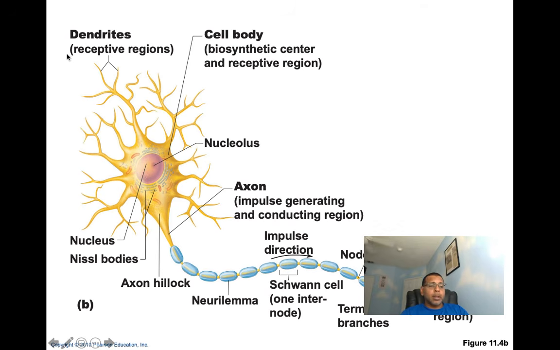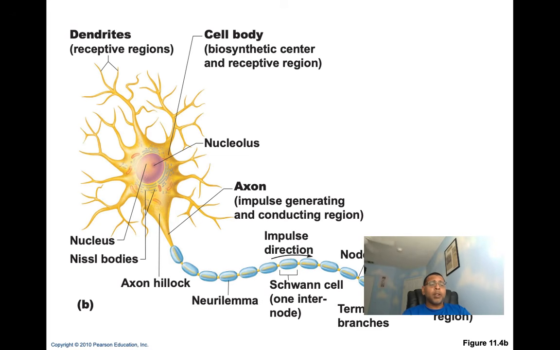Next, let's talk about the various processes. When we talk about processes, we're talking about extensions from the cell body of neurons. First we'll talk about dendrites. Their function is that they are the main receptive or input regions.